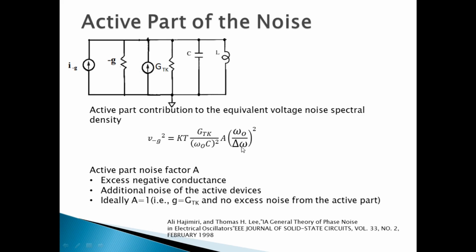If delta omega tends to 0, you will see that this noise, which is a reciprocal of delta omega, goes to infinity. So the problem is that the noise is present not away from the carrier but closer to the carrier or closer to the center frequency.